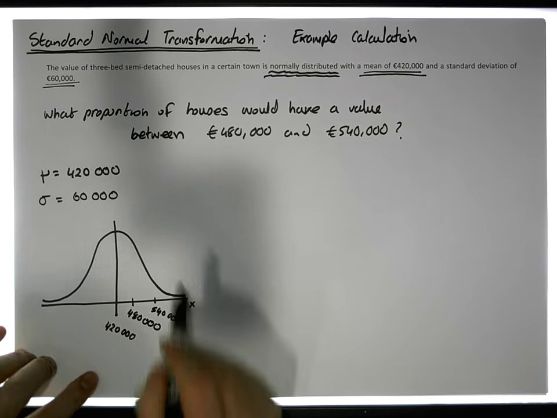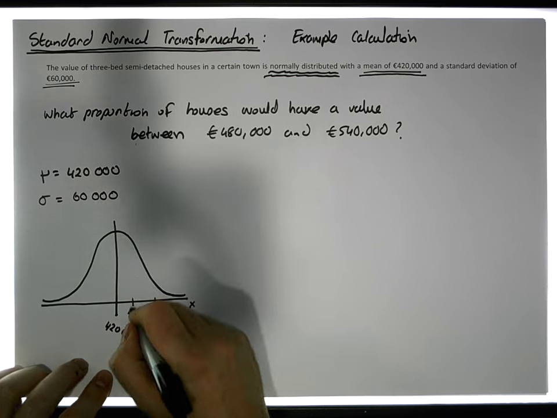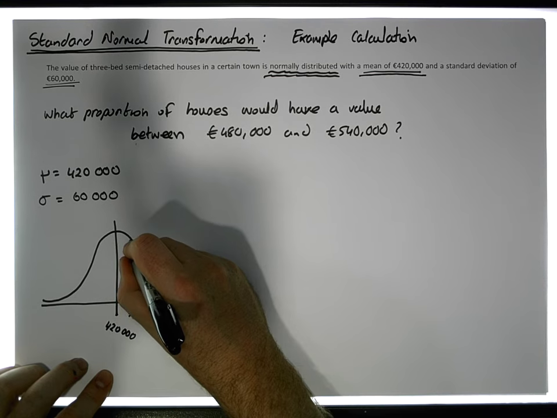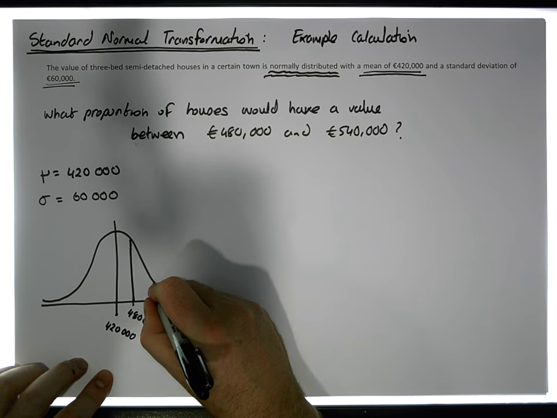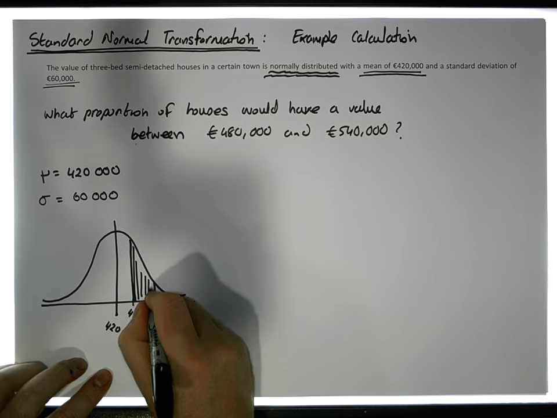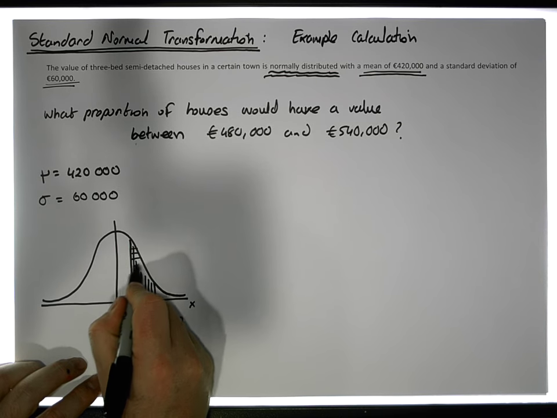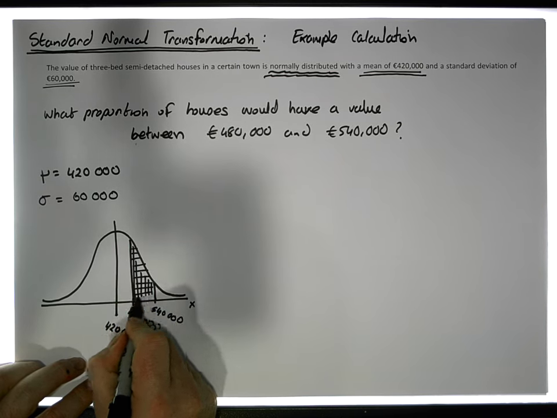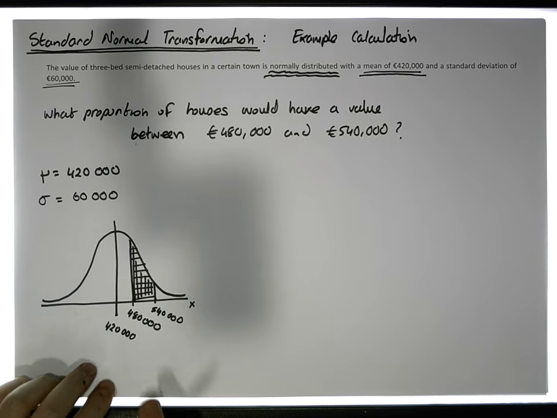So we're interested in the area under the curve between these two values. This area right here under the curve is the proportion of houses that have a value between 480 and 540,000 euros.